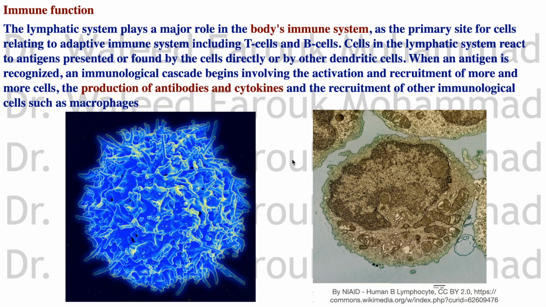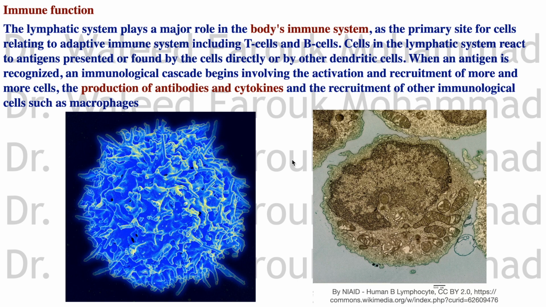Immune function of the lymphatic system. It's the primary site for the cells related to the immune system, including T cells and B cells. By reacting to the antigen and producing antibodies, they play a role in the immune system of the body.